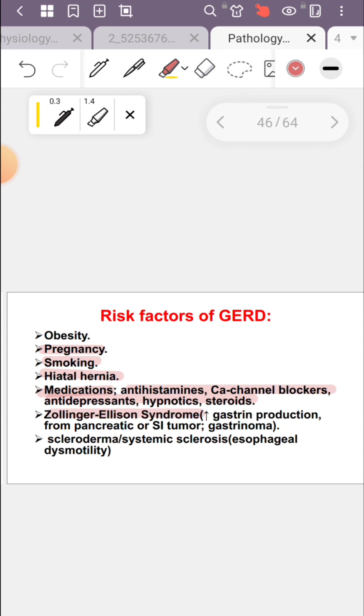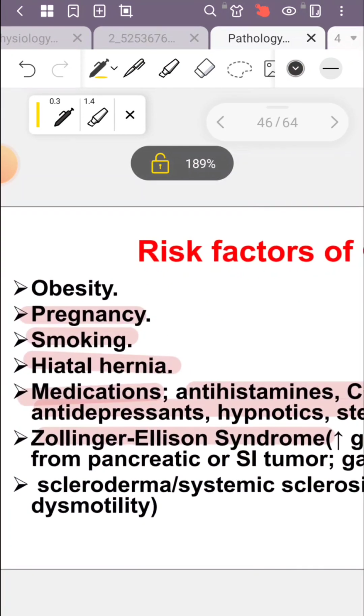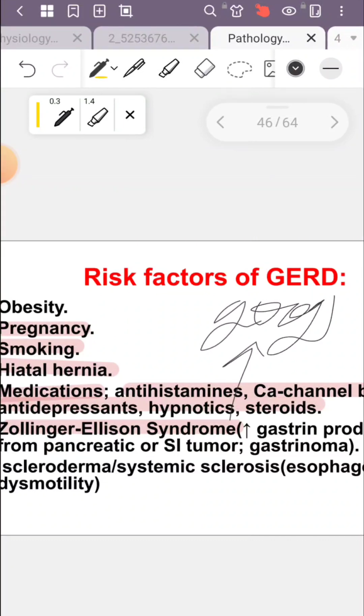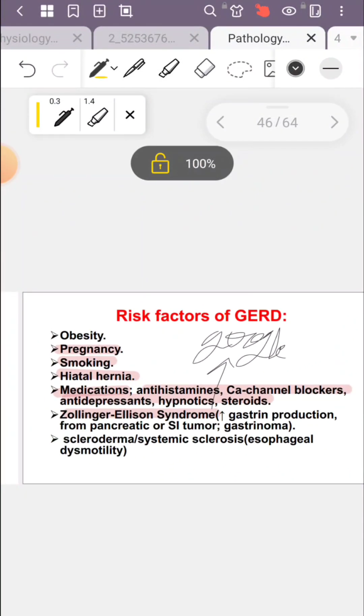In the gastric mucosa there is hyperplasia of gastric acid producing mucosa, with an increase in gastrin production. This gastrin comes from the pancreas, or results from a gastrinoma. When this tumor increases, it causes excessive gastrin and hyperplasia of the acid producing mucosa. So there is excess acid production. In Zollinger-Ellison syndrome, they have repeated peptic ulcers and gastroesophageal reflux disease.